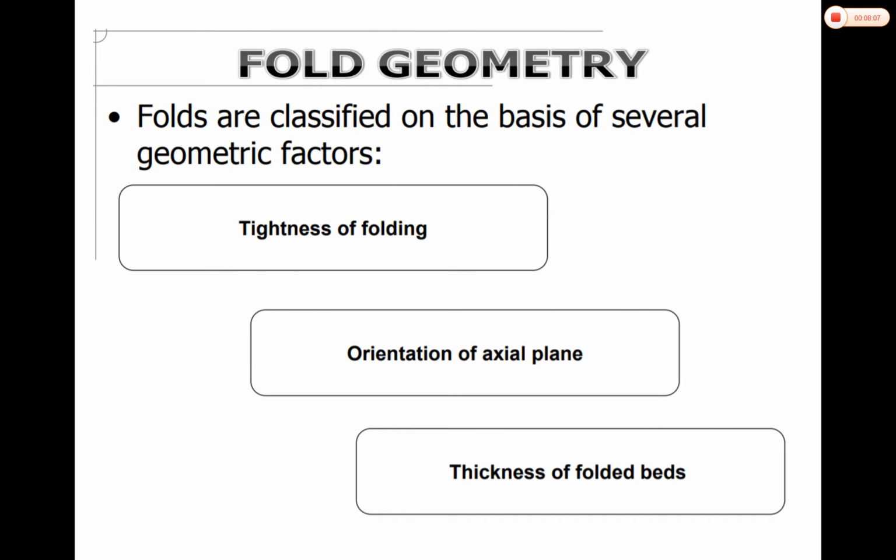And the fold geometry can be classified based on tightness of folding, orientations of axial plane, and also the thickness of the folded beds or the thickness of the folded layer.